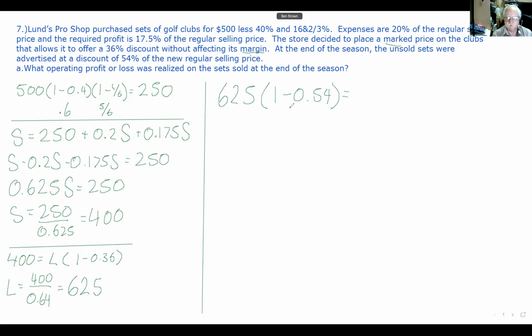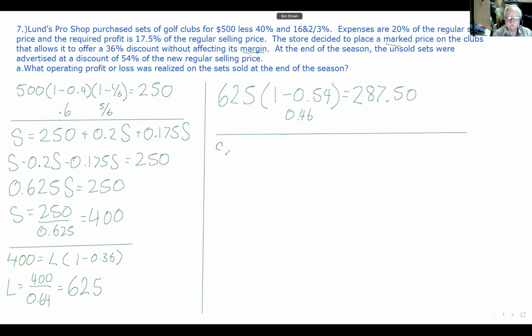So this must be 0.46. So I'm getting that they're selling these things at $287.50. And again, they're asking us the same concept. What operating profit or loss was realized?